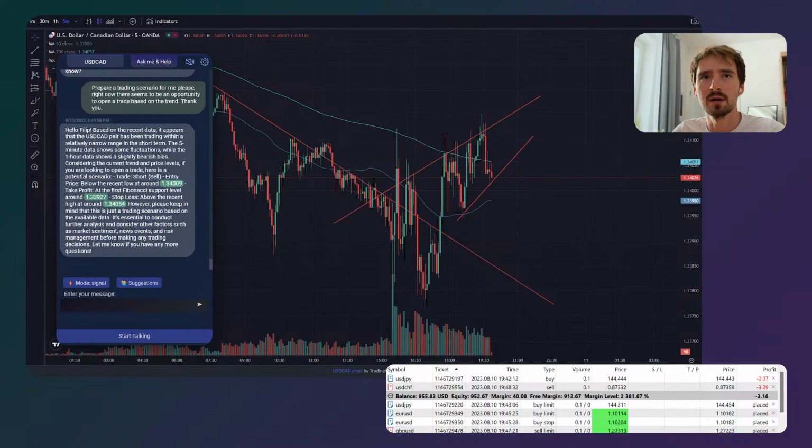Let me set up a waiting order on USD-CAD at the 54 as the AI is telling us for the stop loss. So I'm using, to explain again for those who don't know, the stop losses of the AI are actually quite good.